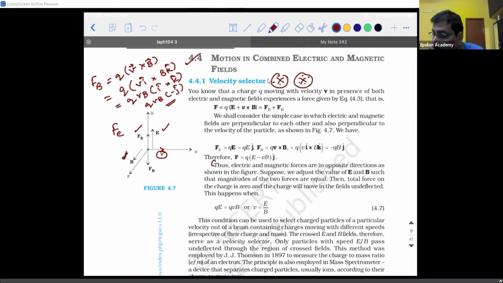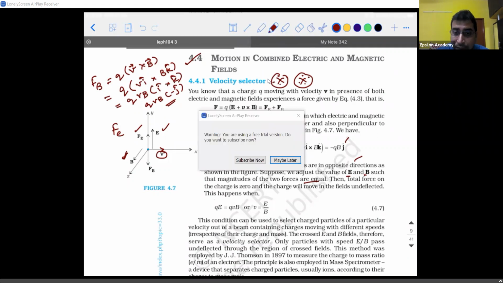See, the electrostatic force acts in the j cap direction and the magnetic force acts in the minus j cap direction. Thus, electric and magnetic forces are in opposite directions as shown in the figure. Suppose we adjust the value of E and B such that the magnitudes of the two forces are equal, then the total force acting in the y direction will be 0, as a result of which the charged particle will be able to move undeflected.